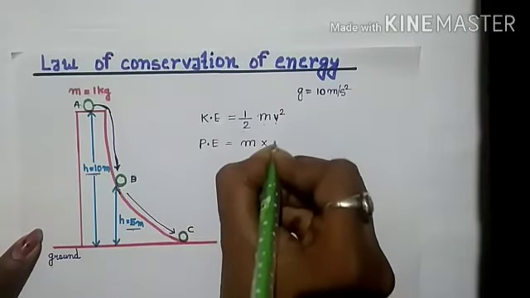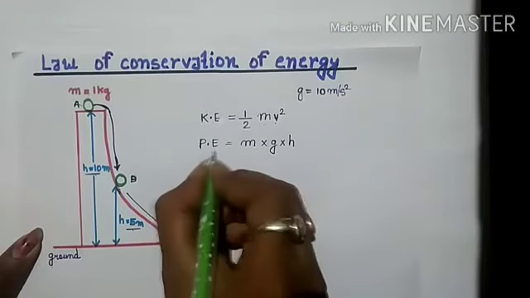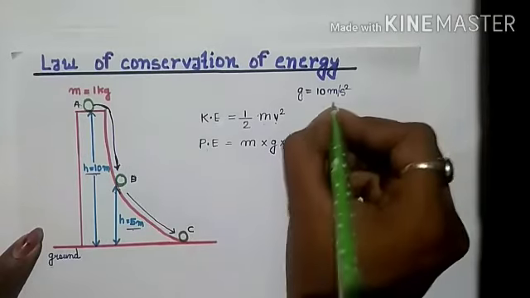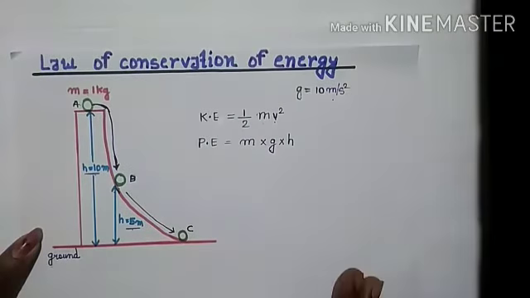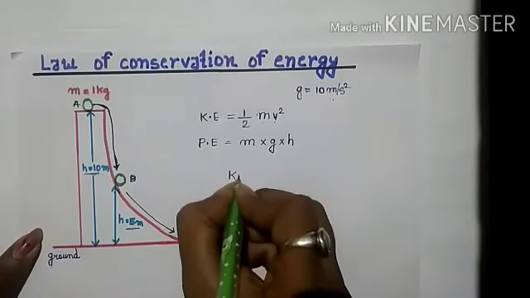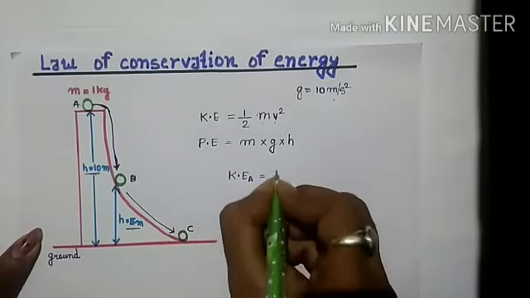Here potential energy is the gravitational potential energy and g is the acceleration due to gravity, that is 10 meter per second square. Now we will find out the kinetic energy at point A.